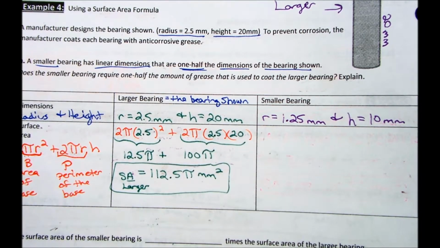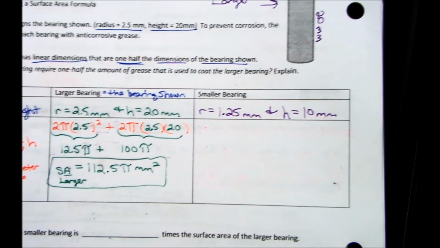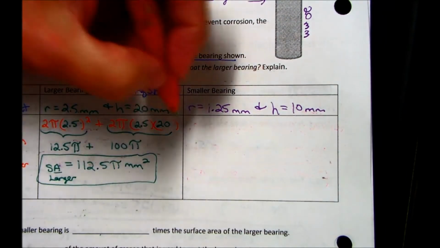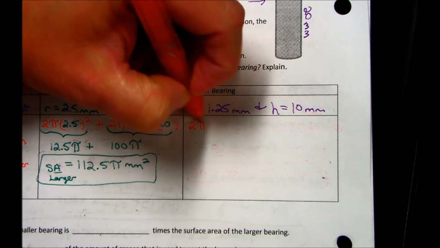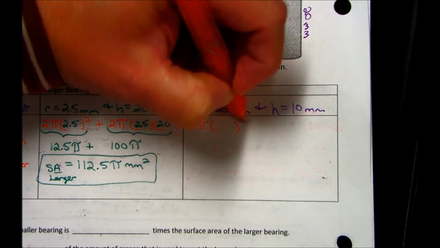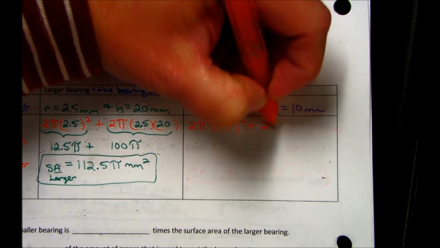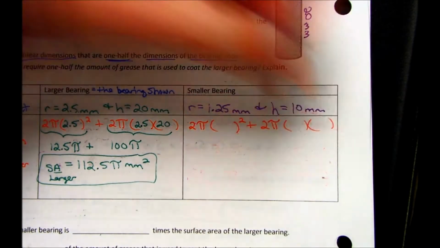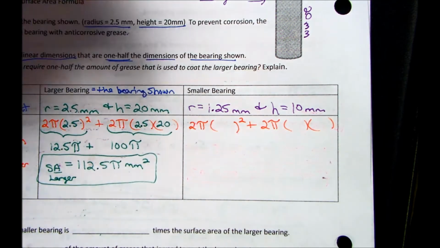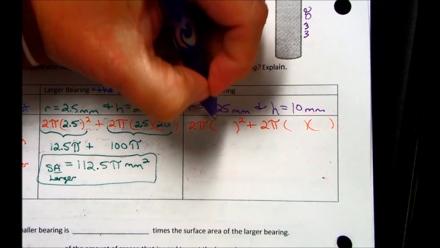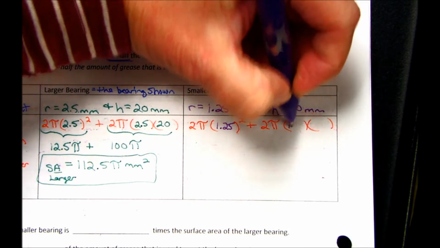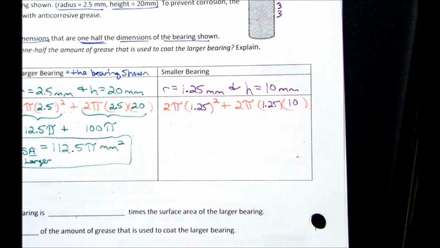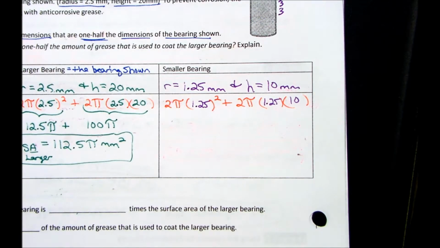Okay, so that is the surface area of the larger one, or the bearing shown. Well, now we need to find the surface area of the smaller bearing. So again, we're going to use the same formula, 2 pi r squared plus 2 pi r h. But this time I'm going to be substituting my smaller dimensions, 1.25, 1.25, and 10, which were half of the other dimensions.